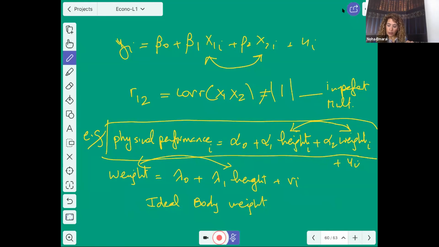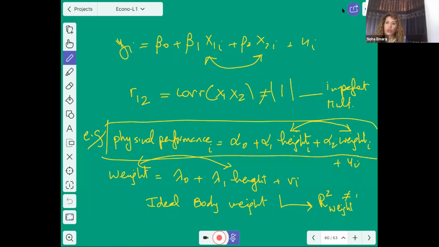This imperfect multicollinearity would be reflected in the R square of this model. You can call this R square the R square of the weight function. It's not the R square of the main model of the physical performance, it's the R square of the weight function. This R square will not be equal to 0.